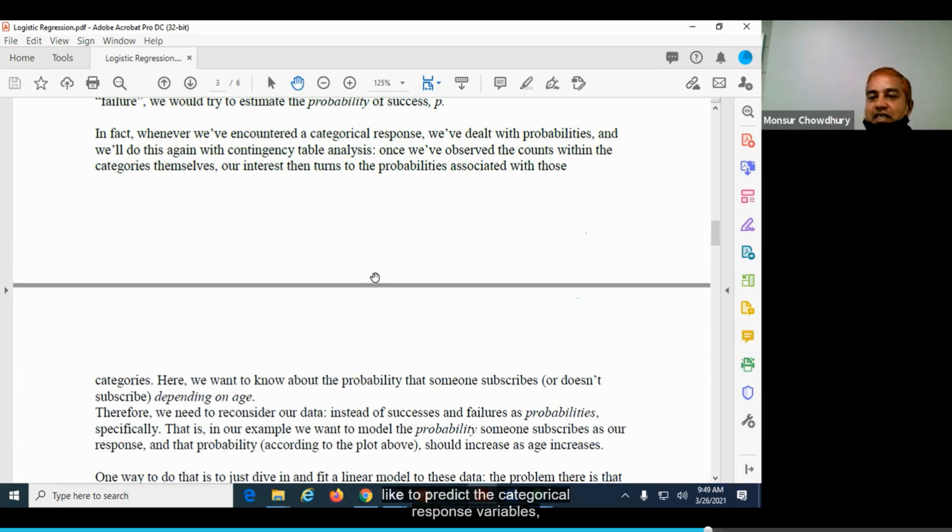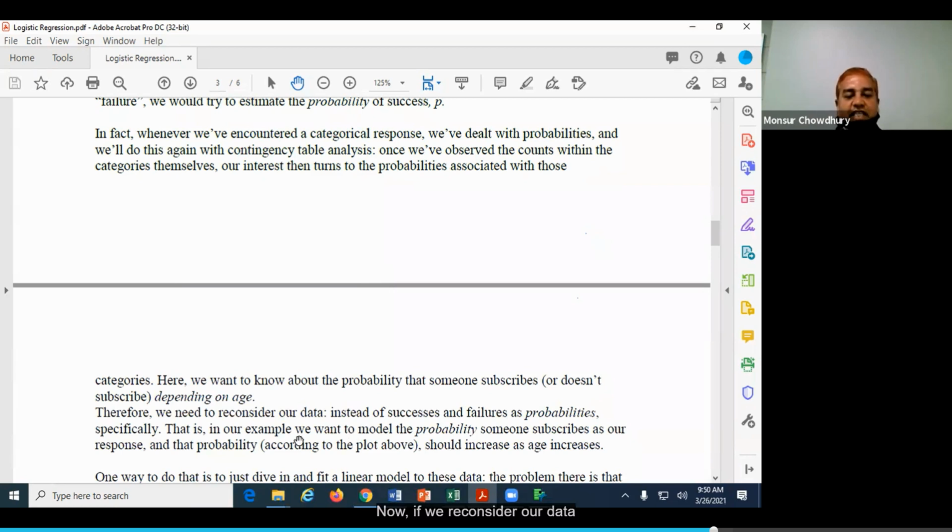So we'd like to predict the categorical response variable, basically whether someone will subscribe to a newspaper, a success, or we can say yes or 1, based on their age.